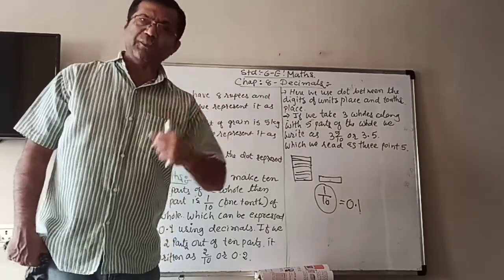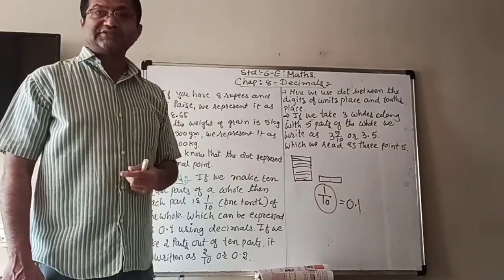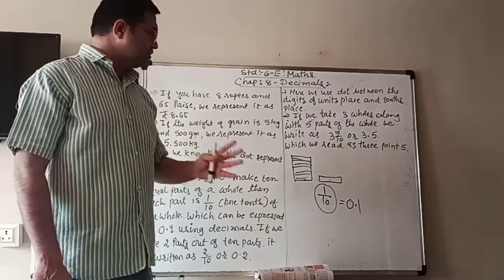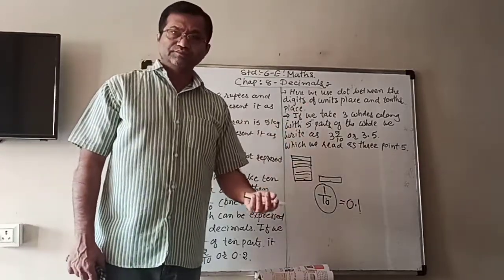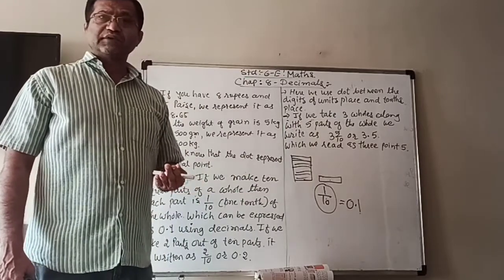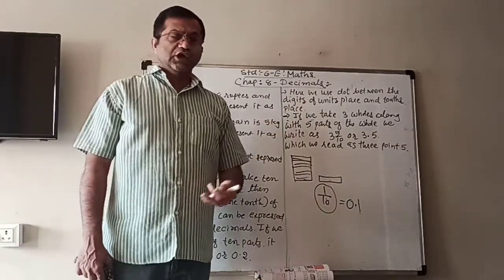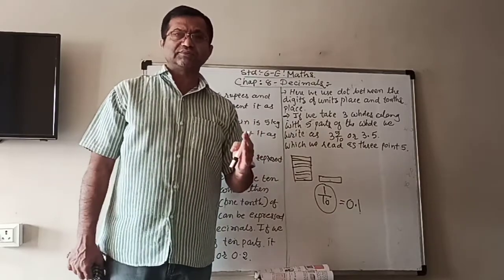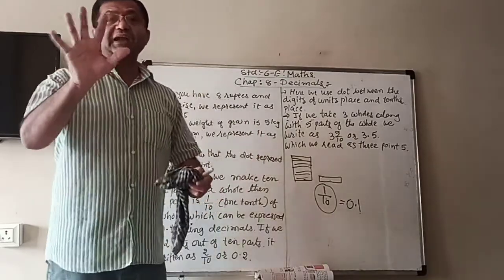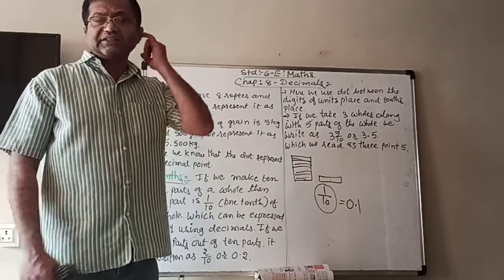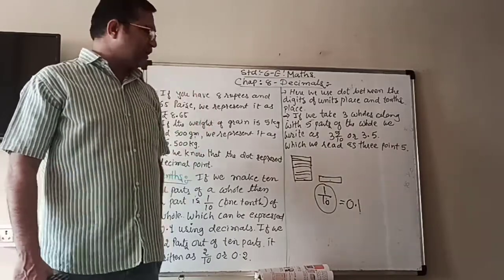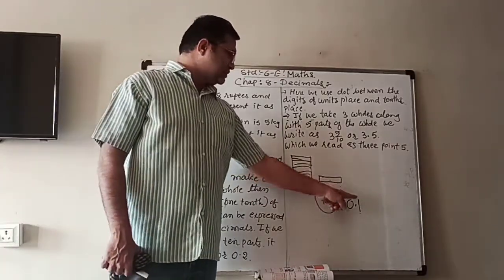Now if you take two parts, then what does it represent? 2/10 means 0.2. 3 parts out of 10, 0.3. So that is the concept in which always the 10 parts are made and then they are taken, then it is known as the tenths place.